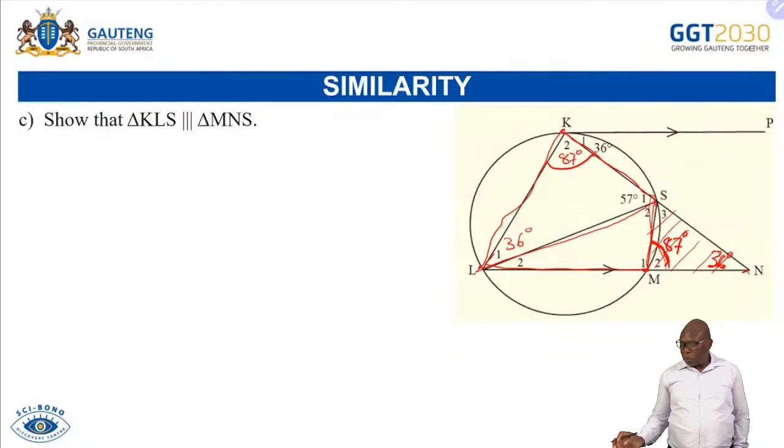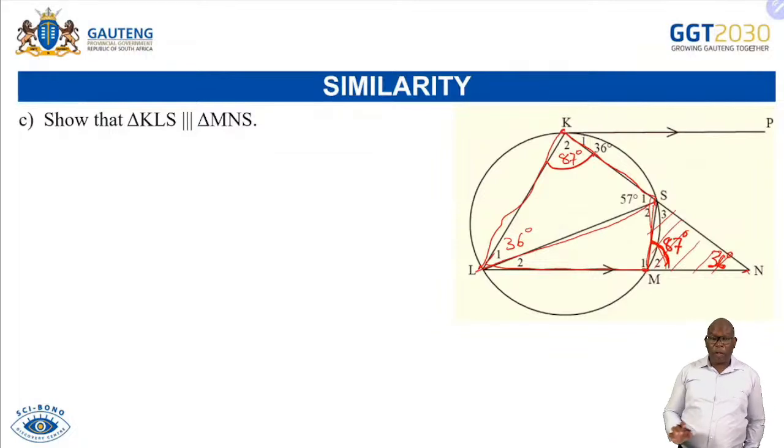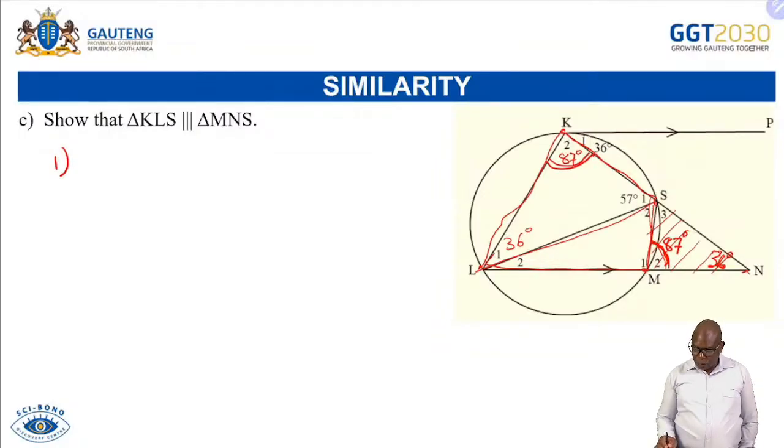So how am I going to get the two triangles to be similar? First thing here is, in triangle KLS, angle K2 equals angle M2. So what do I say? Exterior angle of a cyclic quad.